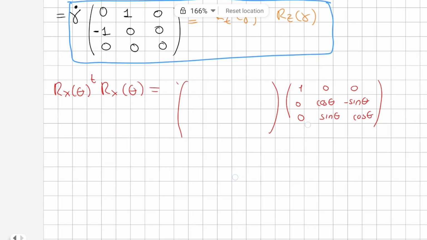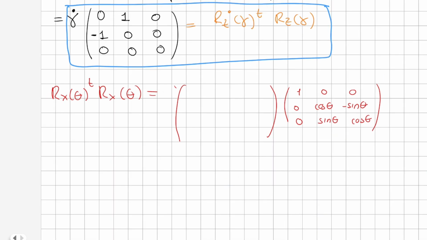Okay, so again we need to take the derivative with respect to time, and I need to say that this was missing a dot here. So first of all, we need to take the derivative. So again, we are going to have a theta dot as a common factor here. The derivative of 1 is going to be 0, 0, 0, 0, 0, like this.